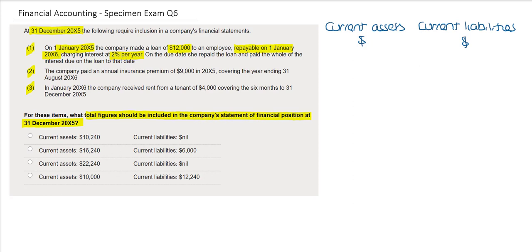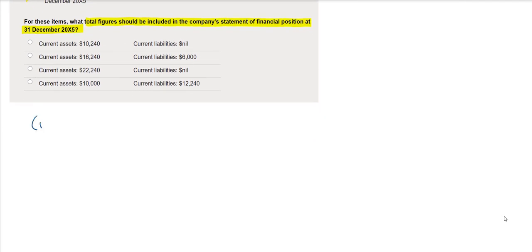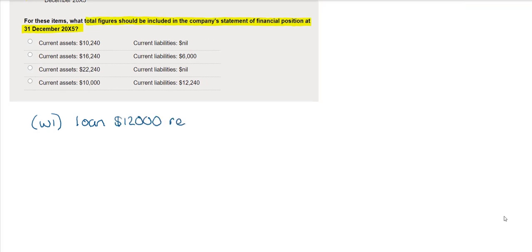We can set up a working for this answer. In working 1, the loan of $12,000 is repayable to the company straight after the year end. These are amounts due to the company and so as a result should be recognised as an asset, and so therefore our $12,000 should be put into our current assets balance.